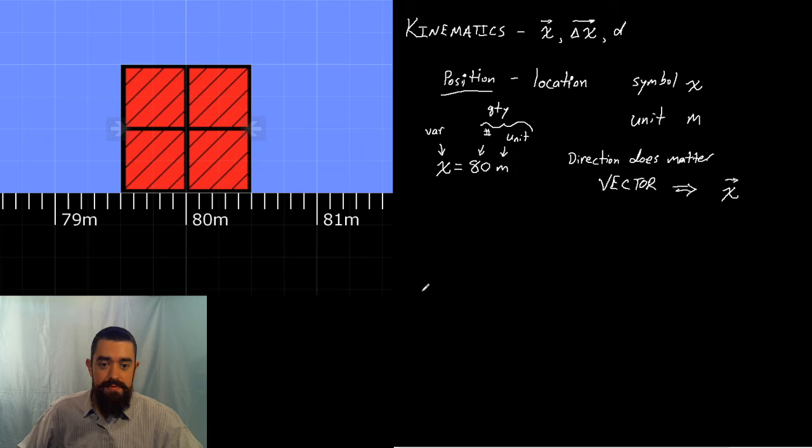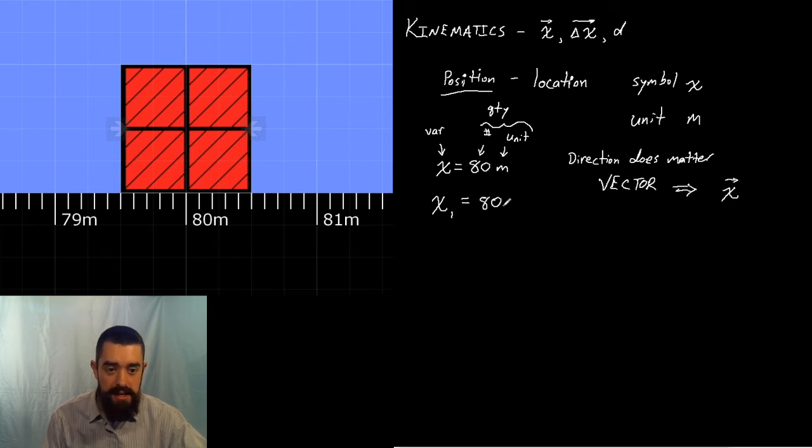Next we'll talk about how positions can change. So we're going to make this x at, I don't know what time it is. I don't have a timestamp on the screen. It doesn't tell me what time it currently is. So I won't worry about that right now. We'll just call this the first position. So let's say x1 equals 80 meters. And we'll put a little symbol. And now we have to put a direction.